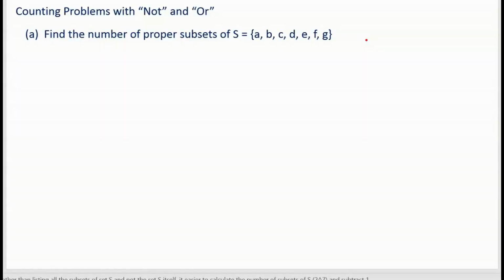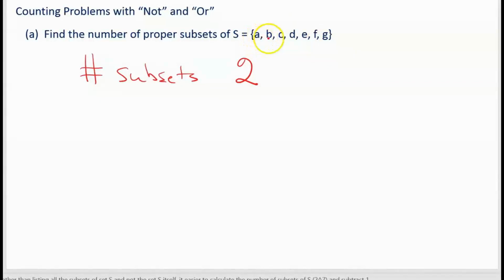Now, we could list all the subsets of A, B, C, D, E, F, G, but you notice it didn't ask us to. It asked us to find out how many. We learned from the set section that the number of subsets is always equal to 2 to the power of how many elements you have.